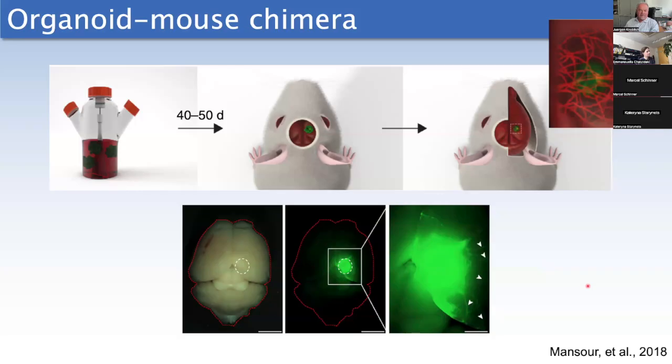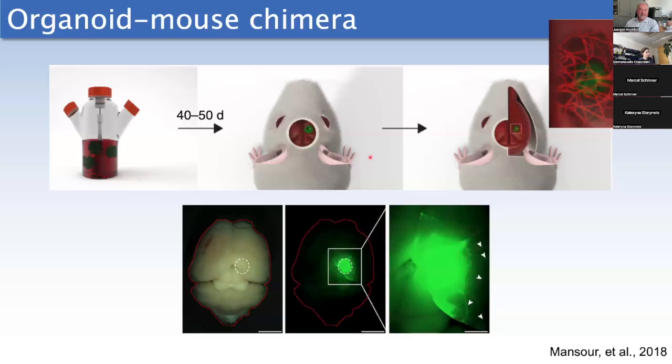In order to overcome this, the group of Rusty Gage and later also the group of Sergio Pasca has developed methodology to grow organoids in vitro and then implant them into the brain of rodents where they reach full maturity.